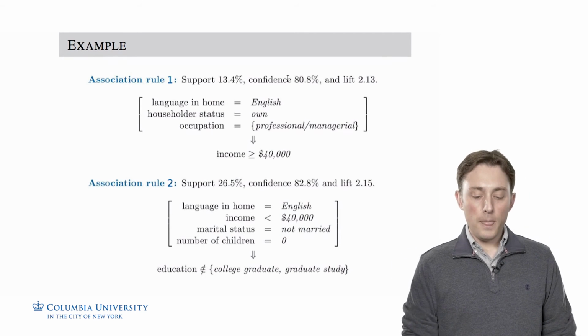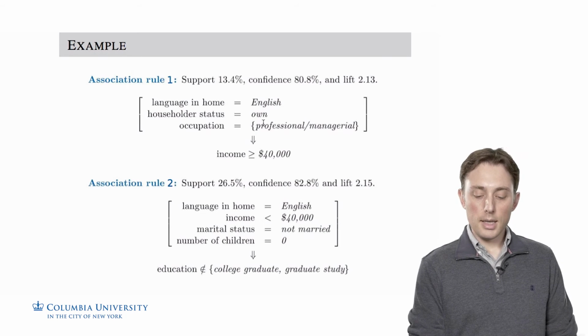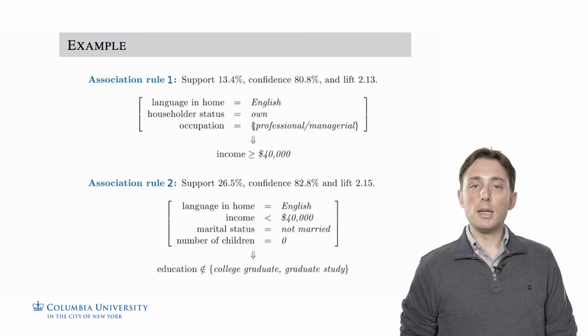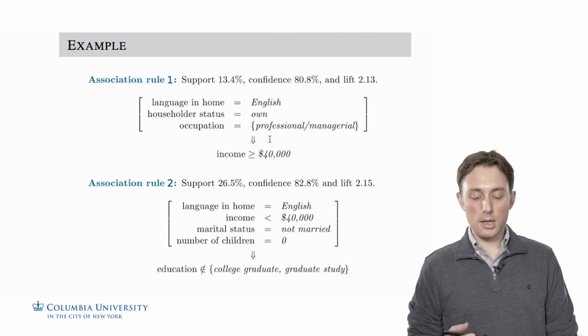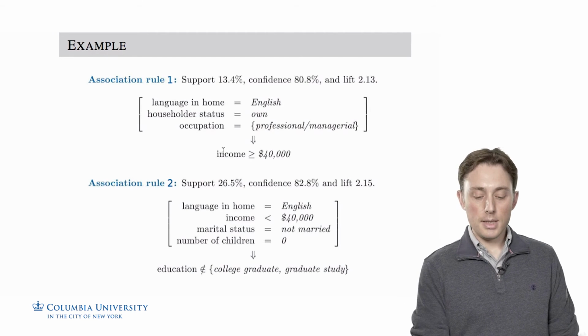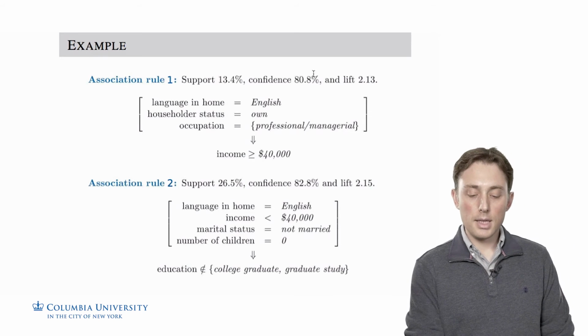What this means is that among all of my questionnaires, if the person responded that they spoke English, that they own their own home, and they selected this as their occupation, then 80.8% of the time, they also said that their income was greater than $40,000 per year. 19.2% of the time, they said that their income was less than this. So that gives the confidence.